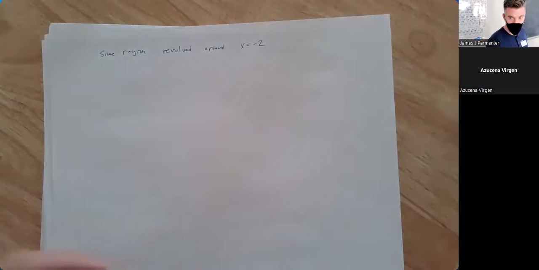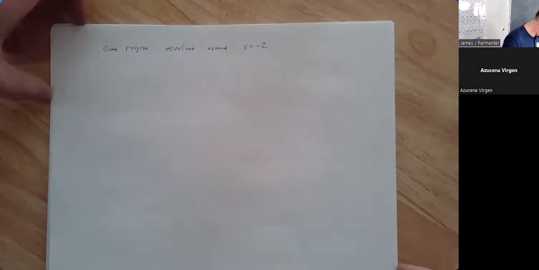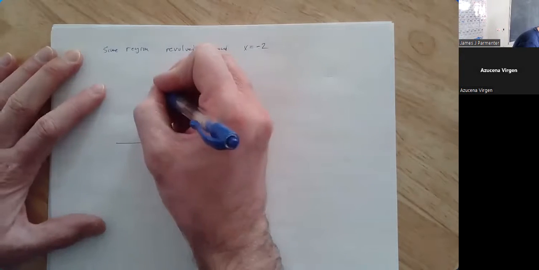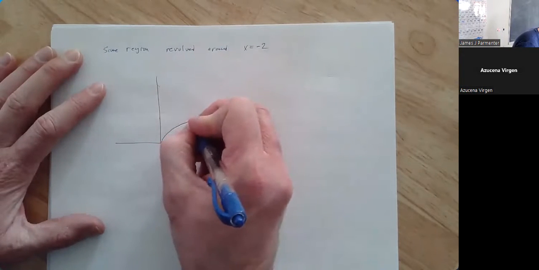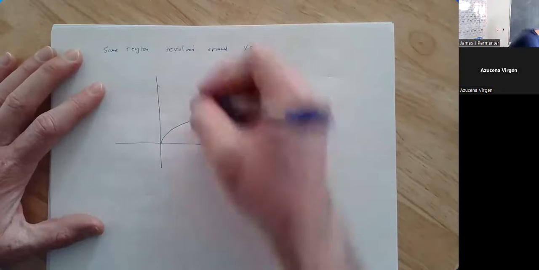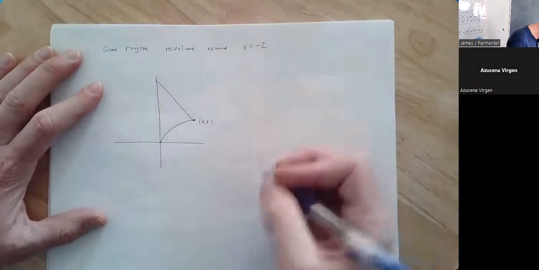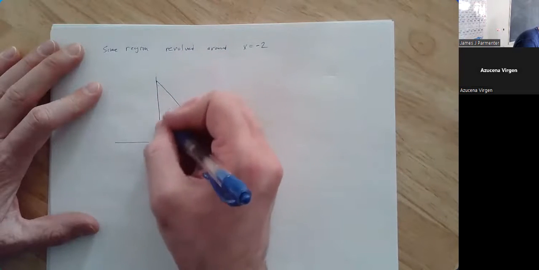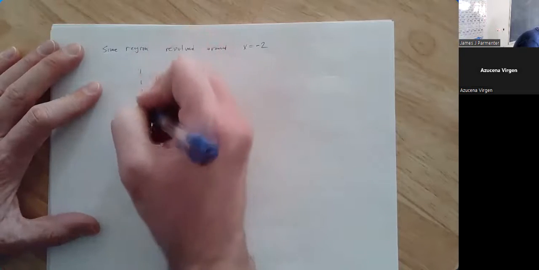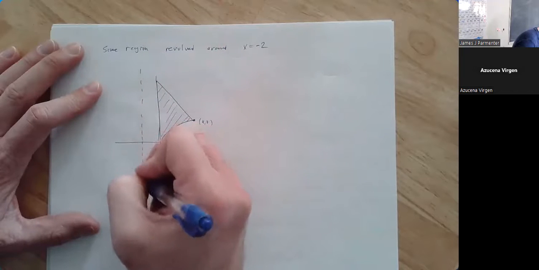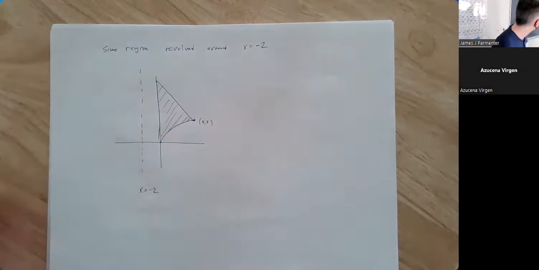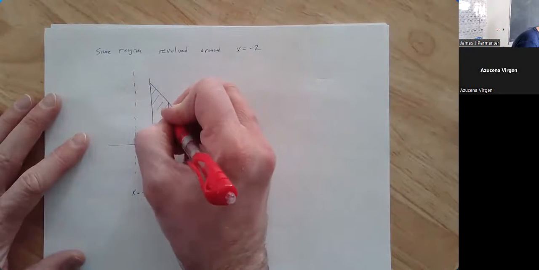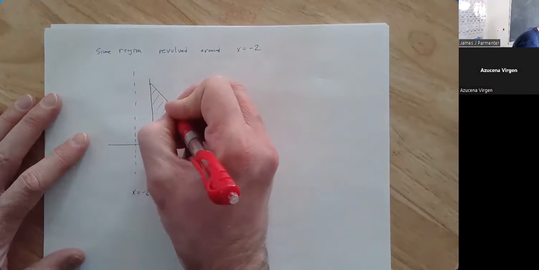Okay, so let's do the same region, but now revolved around x equals -2. So I might not draw it, we'll see. I mean, I'll draw the region first. But now we're going around x equal to -2. So I'm still going to draw a shell, or a strip, I should say.